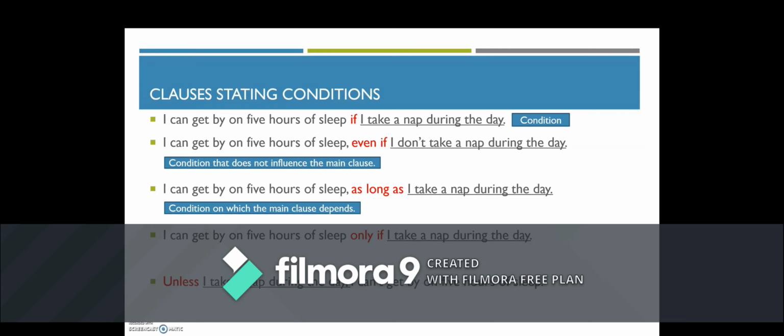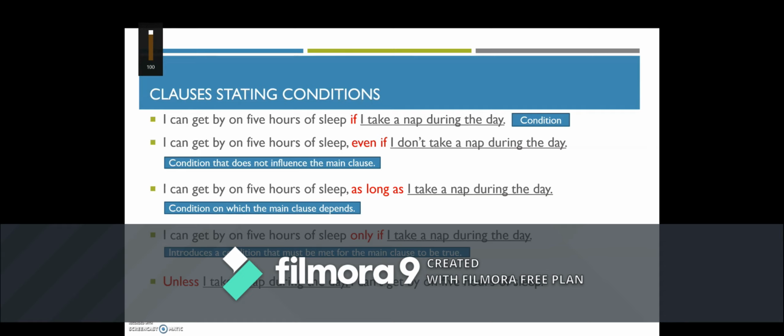Now, if I say I can get by on 5 hours of sleep only if I take a nap during the day, it introduces a condition that must be met for the main clause to be true. Like, it's very crucial for me to take a nap during the day because I'll probably fall asleep at work if I slept 5 hours last night.